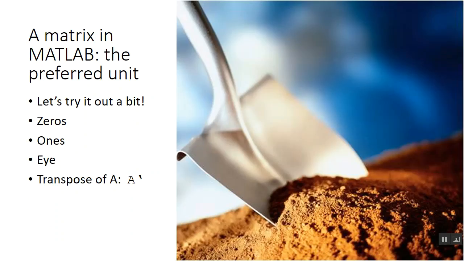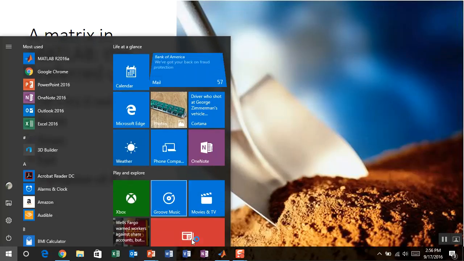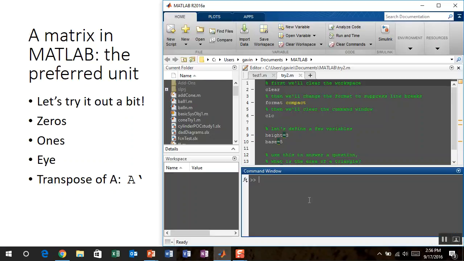All right, so why don't we get into MATLAB, and we'll just try it a little bit. So first thing, we've already seen, creating a variable A. We've created some matrices, some vectors, right? There's a row vector.